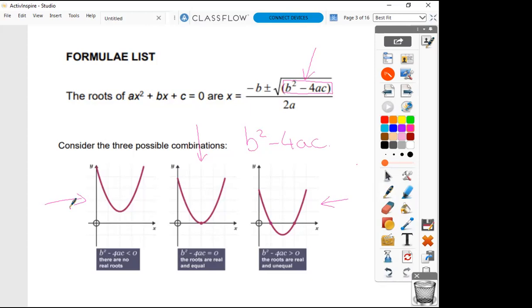The middle one touches the x-axis once, and the one on the right is cutting through the x-axis twice. You might get an equation without seeing the parabola, and you definitely won't see the parabola if you're asked to prove it, but that's what we're looking to find out.